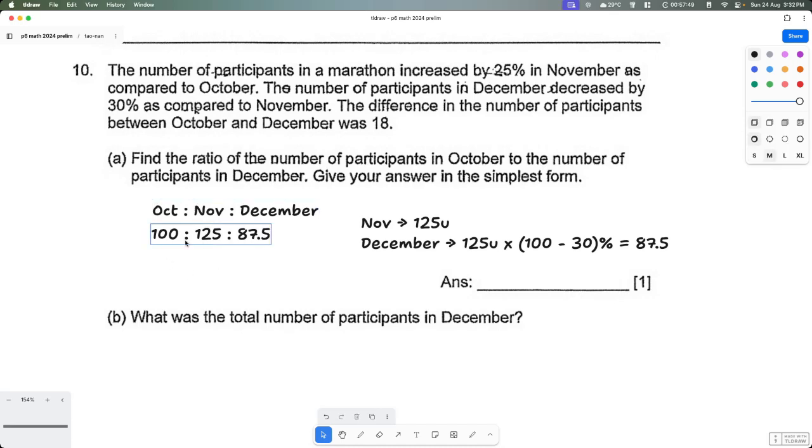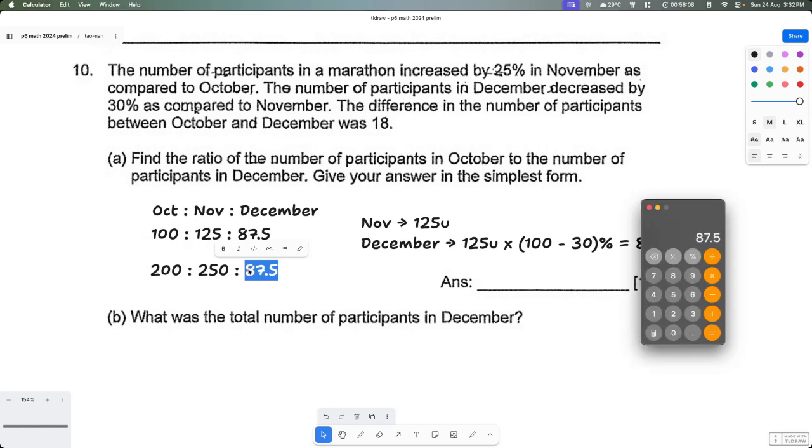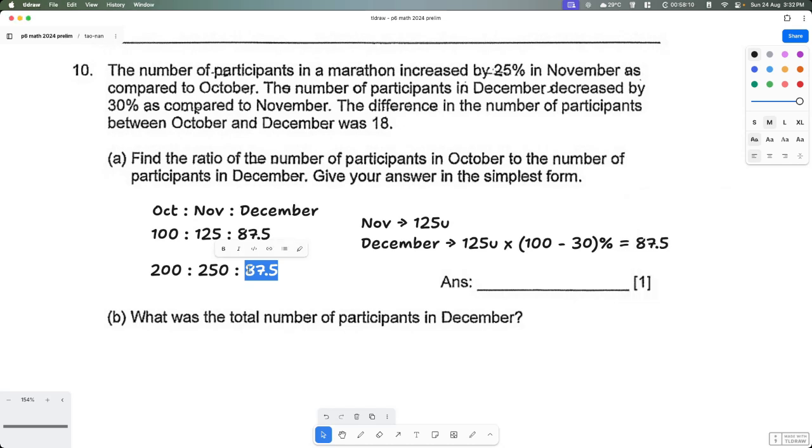How can we translate this to a better form? Just multiply all of this by 2. So this will be 200, this will be 250, and 87.5 times 2 is equal to 175. We just multiply everything by 2 in this case.